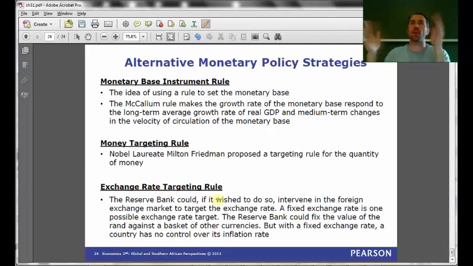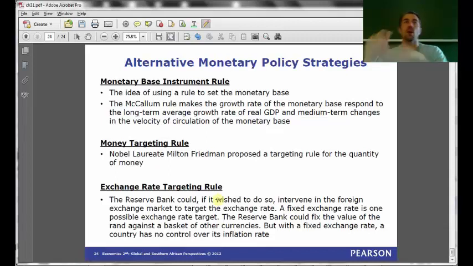They basically had a peg. So they said the Chinese yuan must always trade at this exchange rate to the dollar. Okay? And then we basically buy or sell dollars to make sure that the exchange rate is always equal to that exchange rate.